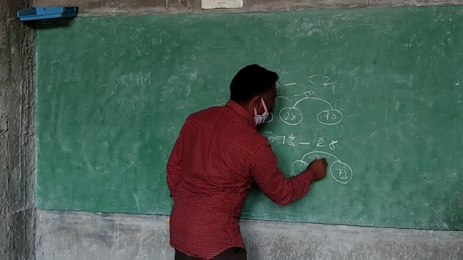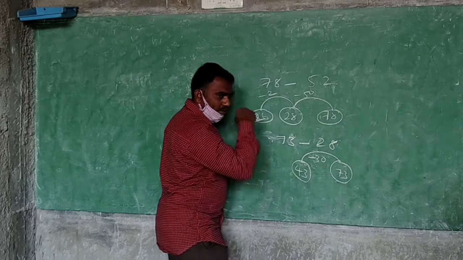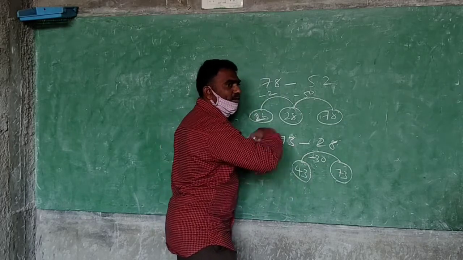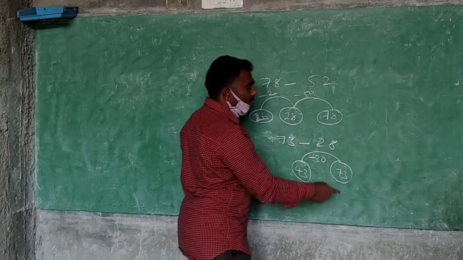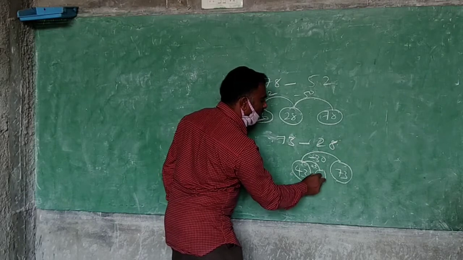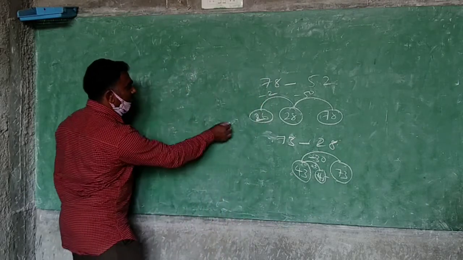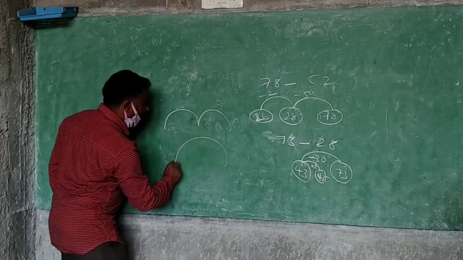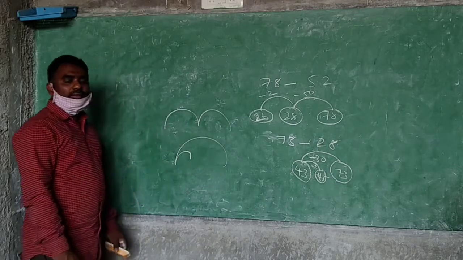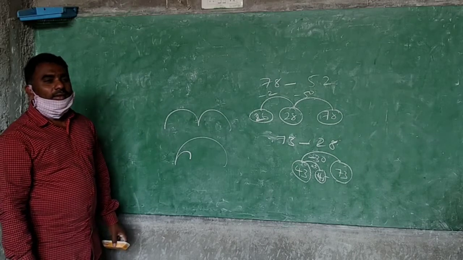Extra how much you subtracted? 30 subtracted. Means it is easy now, 43. Extra subtracted, that's why what should come again? We have to come back now again. How many? 2 extra. That's why 2 extra you will add there. Then what you will get it? 45. Means sometimes he will go like this. Sometimes he will go like this and he will come here. Do you understand? Yes, sir.